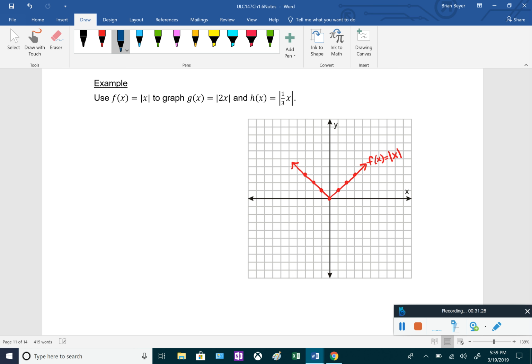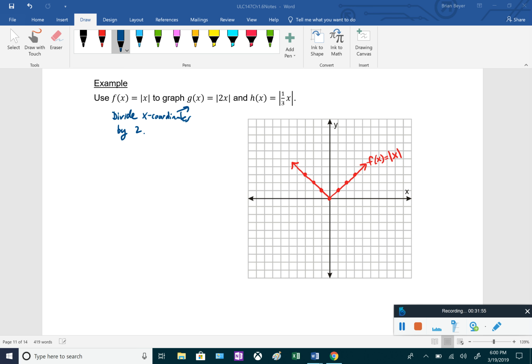So taking a look at g of x here, we know it's a horizontal shrink because the value is 2 on the x. It's greater than 1, horizontal shrink. So what that means, we have to divide every x coordinate from the absolute value of x by 2.